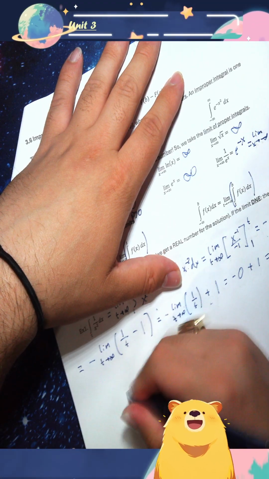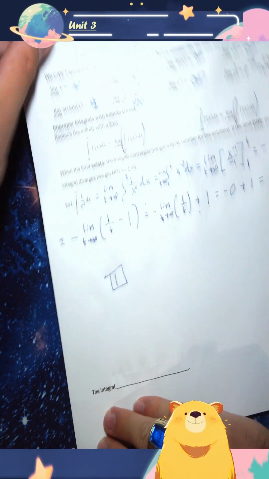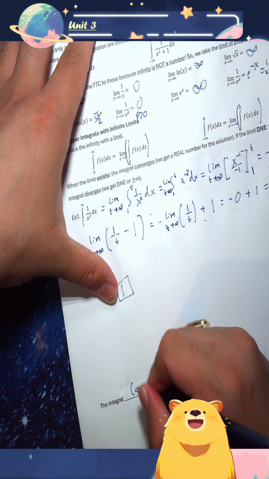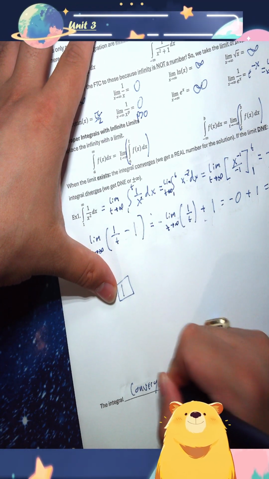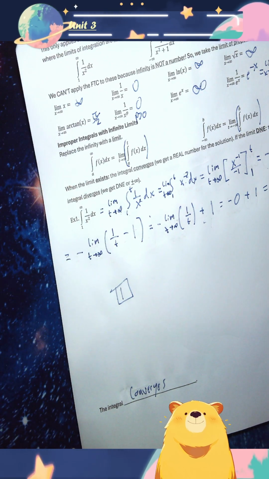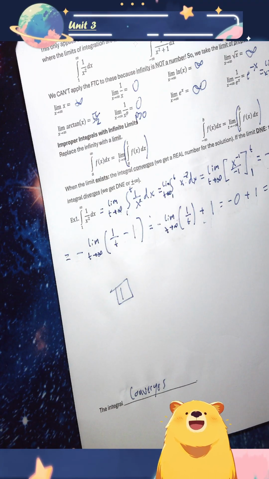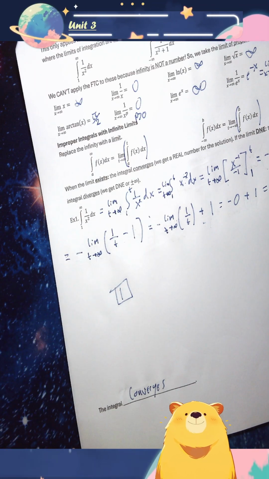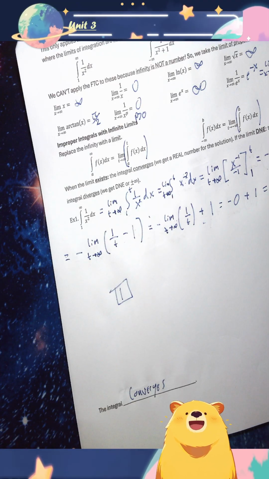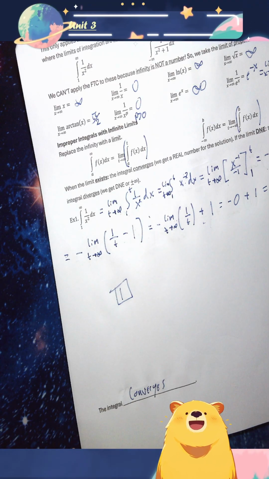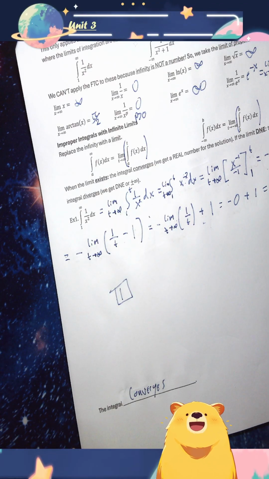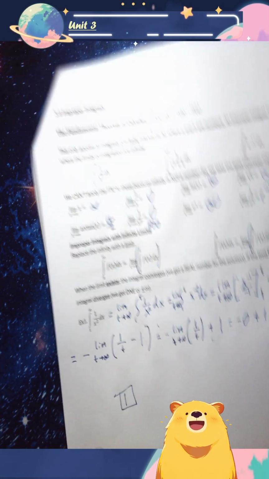So the answer is 1. And then we can say that the integral converges, because the limit exists for this setup right here. Okay, I'm just checking my answer key in case I'm missing anything. I do not think so. No. Okay, let's move on.